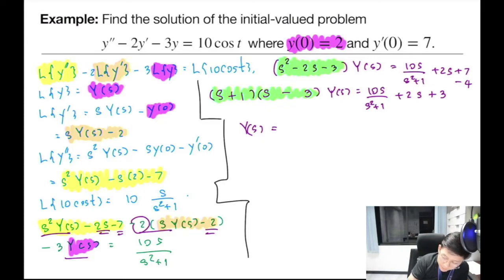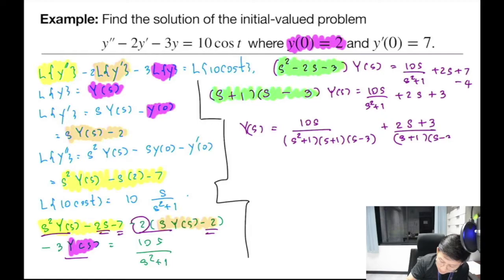So we have 10s over s squared plus 1, s plus 1, s minus 3, plus 2s plus 3 over s plus 1 and s minus 3. Okay, that's the Ys.